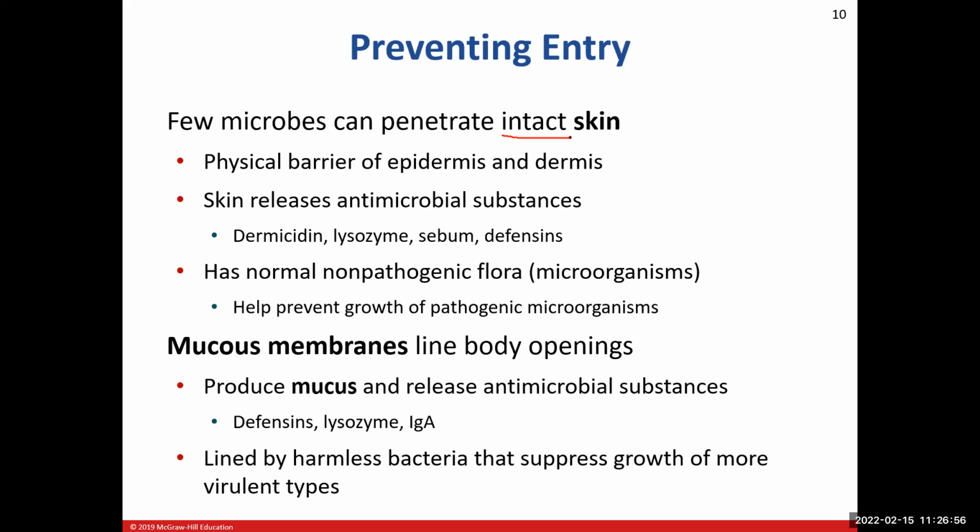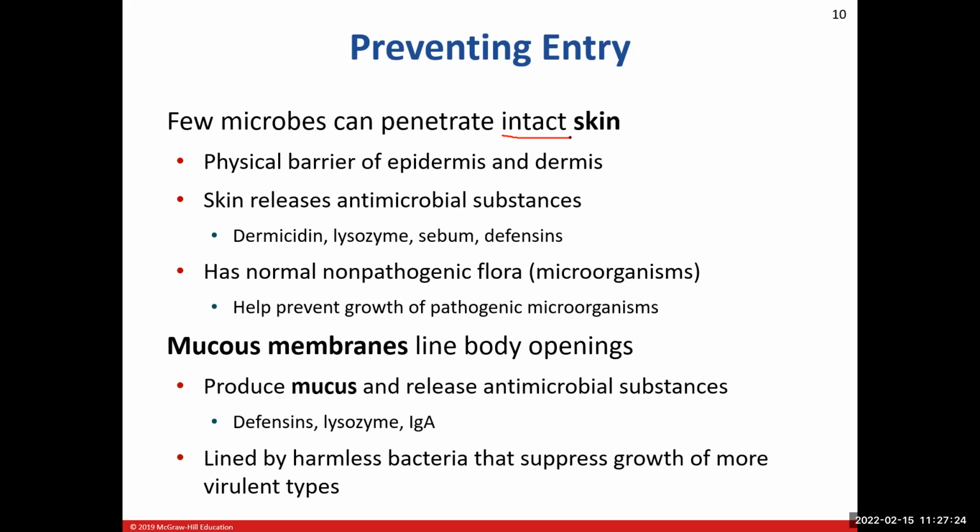And if you recall, our epidermis is epithelial tissue. One of the characteristics of epithelial tissue is that it's tightly packed. It's avascular. It's so tightly packed, we can't even fit blood vessels in it. So our epidermis is tightly packed, and that makes it very difficult for these microbes to get into the inner part of that tissue.